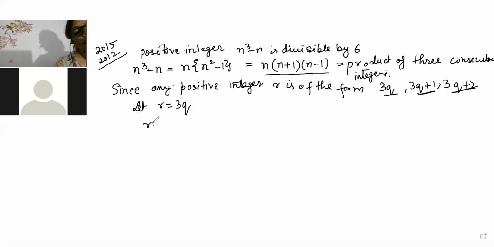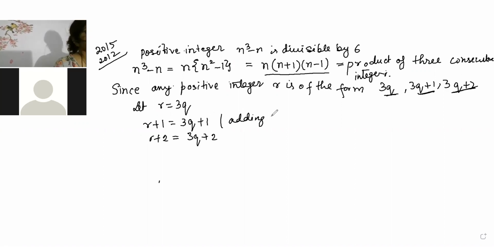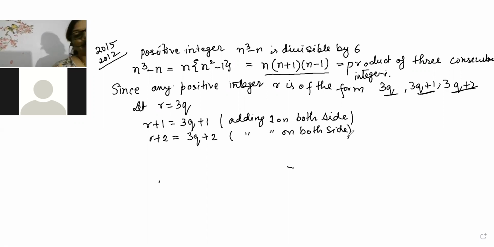Now when you add 1 to it, both sides, this one will become 3q plus 1, the consecutive number. The next consecutive number of r is r plus 1. After that, the next consecutive number of r is r plus 2. So this one will ultimately become, adding 1 on both sides, adding 2 on both sides.